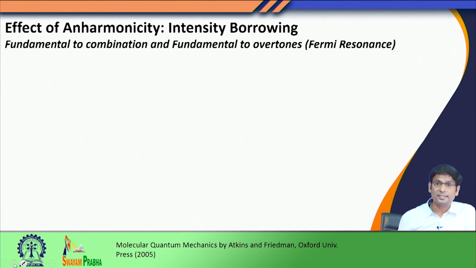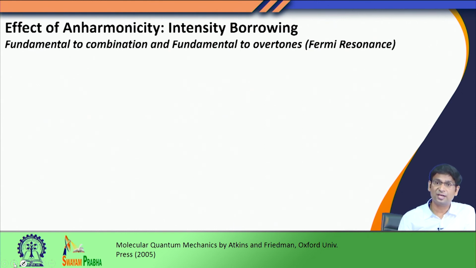In real life molecular spectroscopy, you often see cases where the effect of this mixing of normal modes appears in the spectra. A few examples, or at least the principle behind those examples, we will discuss, and one thing that becomes very interesting is what is called intensity borrowing.